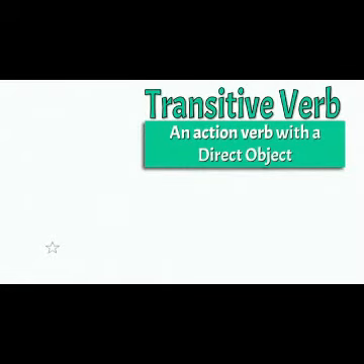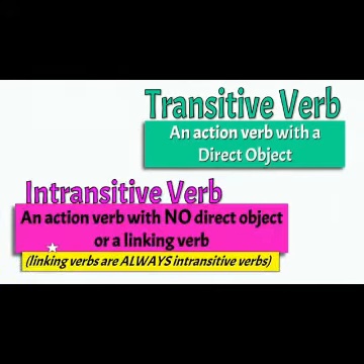So another important fact about English grammar is that we have transitive and intransitive verbs. A transitive verb is an action verb with a direct object. Just like we saw, for example, saw, to see, right? Is an action verb and is a transitive verb, because they take objects.